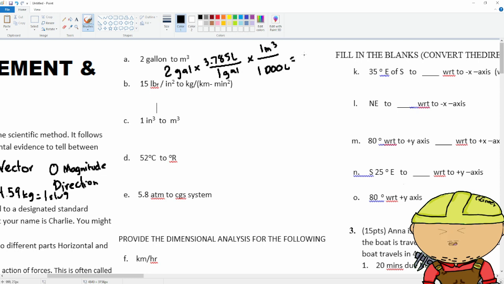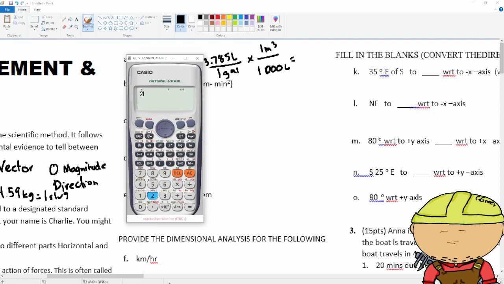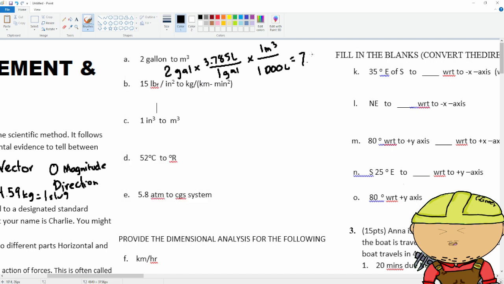So let's use the calculator: 2 times 3.785 divided by 1,000 is 7.57 times 10 to the negative 3 meter cube. If it's not the exact number, it's okay, it will have a different conversion.